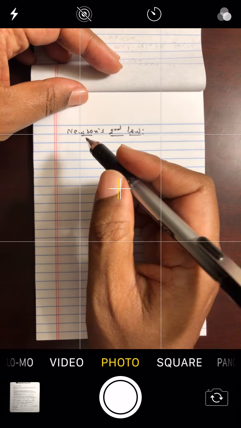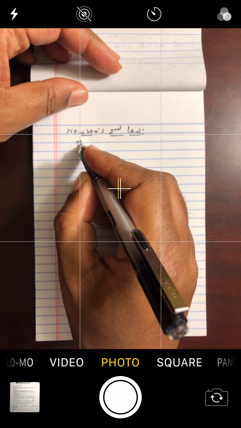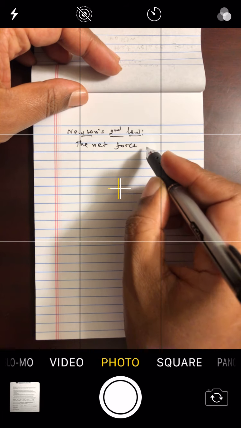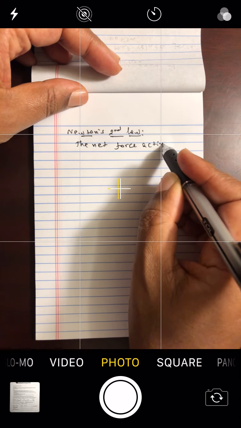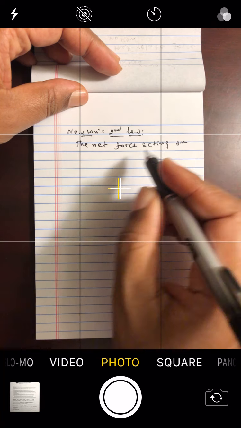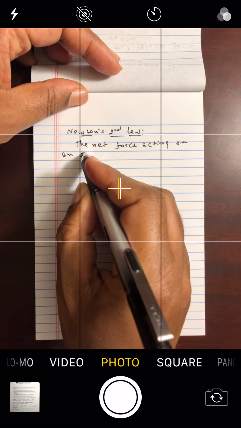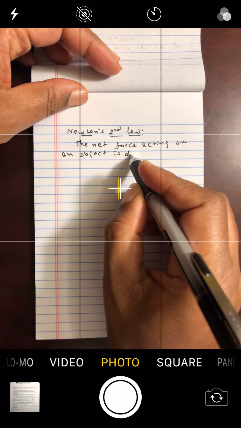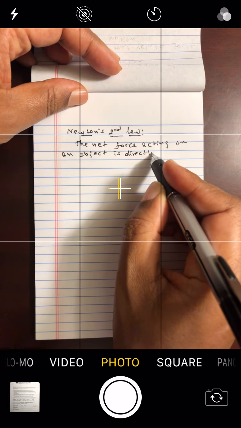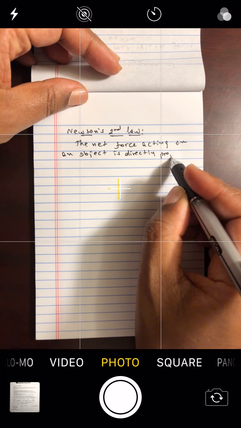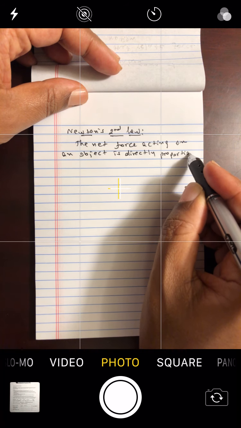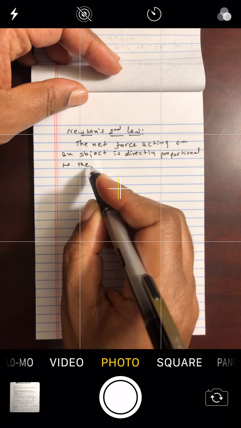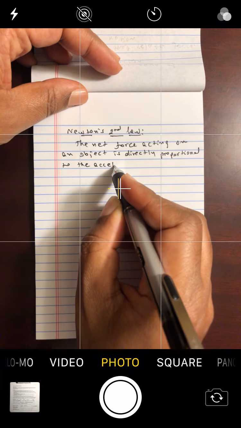So this law states that the net force acting on an object is directly proportional to the acceleration produced by the force.